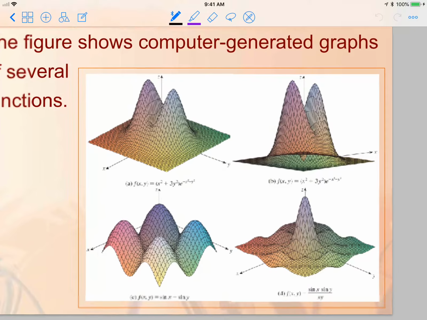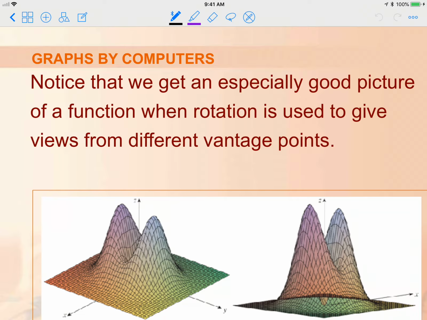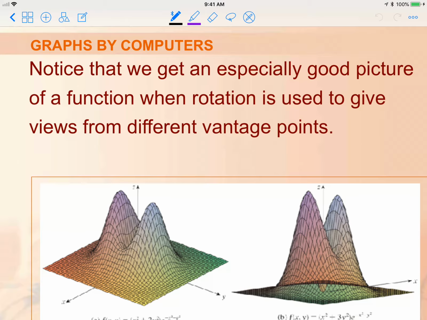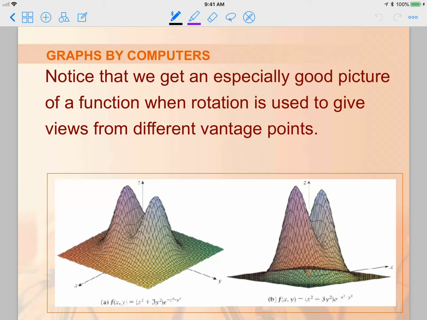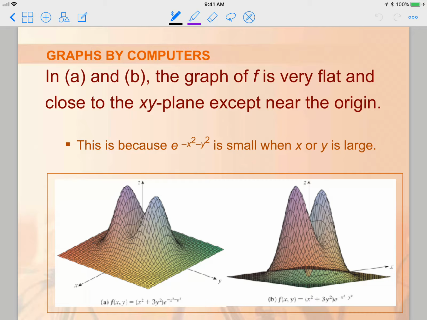Exponentials are in here. And Stewart is talking about how you can rotate. That's one of the benefits, that with Mathematica you can take the graph and rotate it. Because you're dealing with a three-dimensional image, you need to be able to look at it from the back, from the top, and all of that, to get different vantage points.